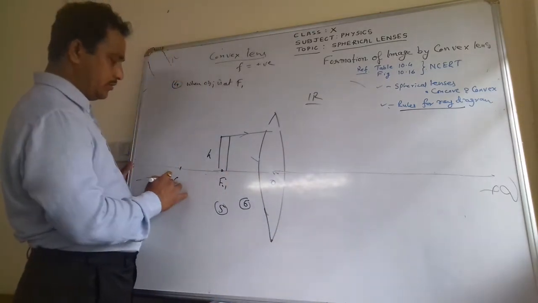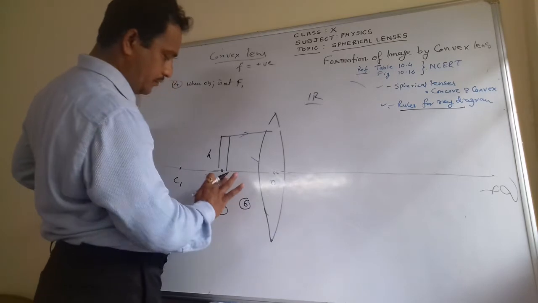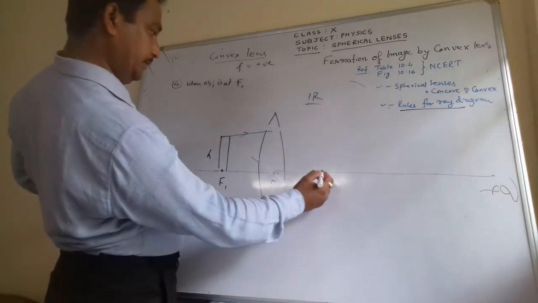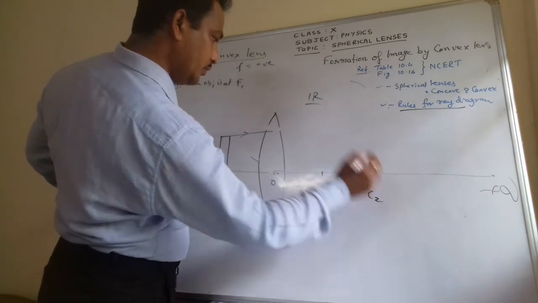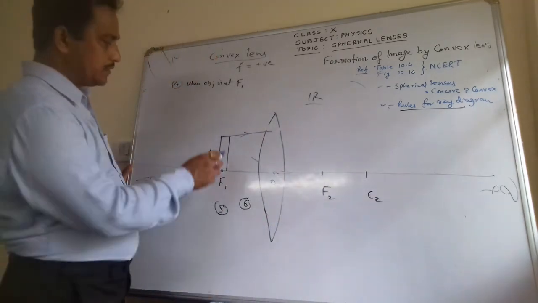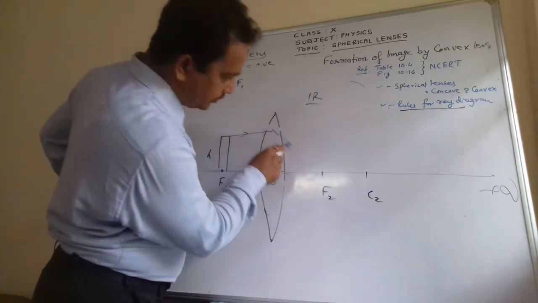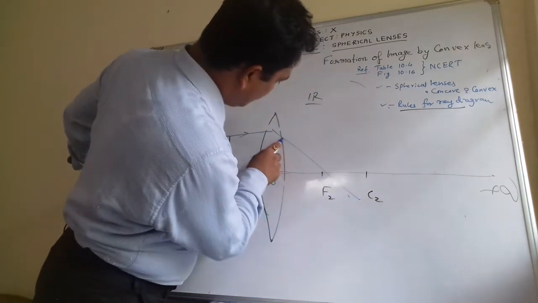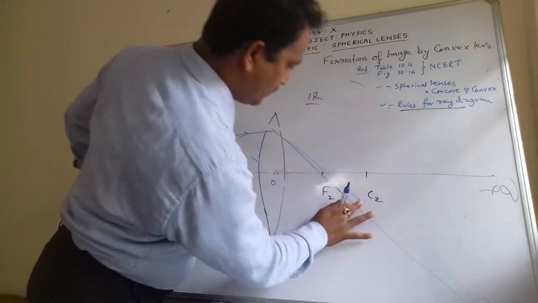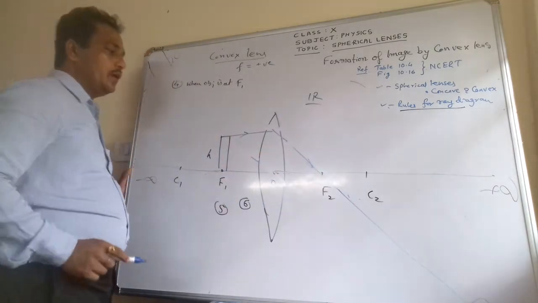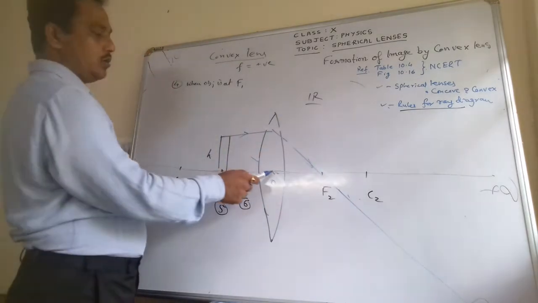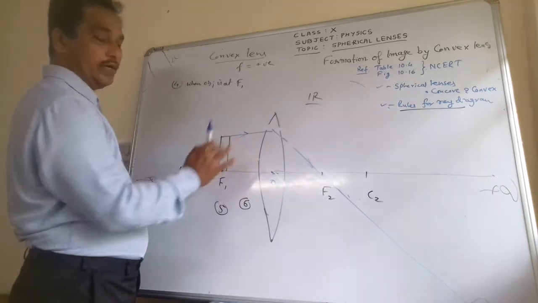So you must label C1, F1, and F2, C2. Passing parallel to the principal axis, it will pass through the focus like this. You will draw the ray, and the other one passing through the optic center will pass without any deviation.